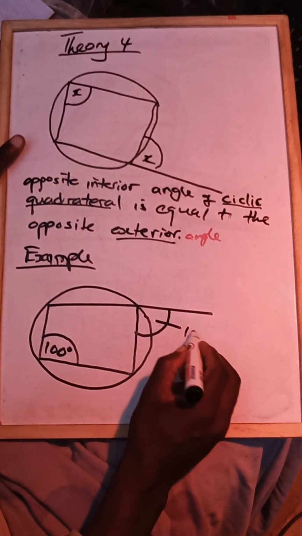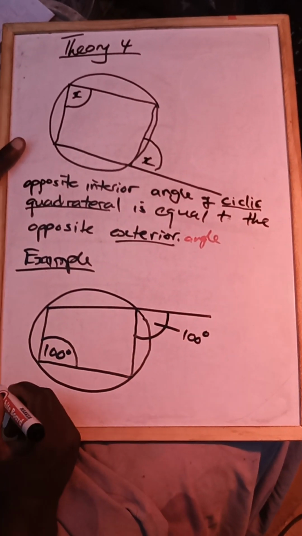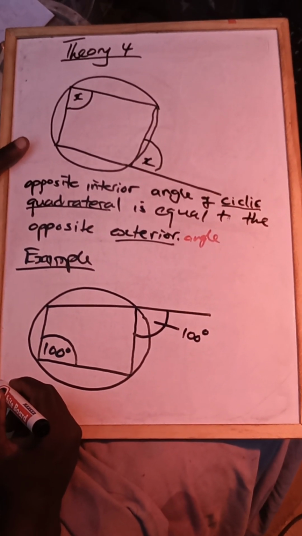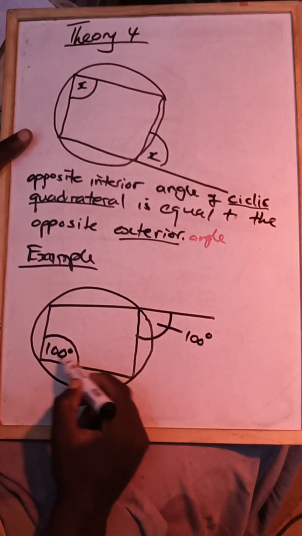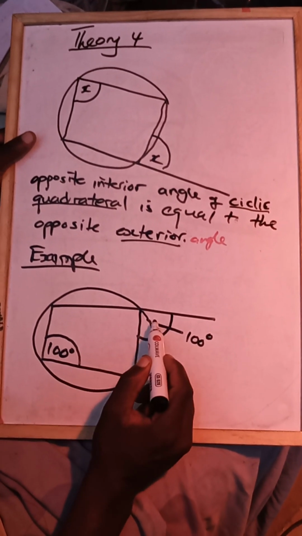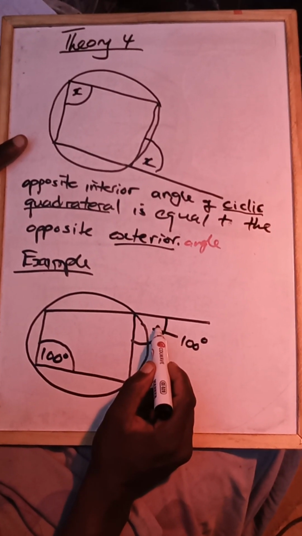So this is also 100 degrees. So that's how it goes. Opposite interior is equal to opposite exterior.